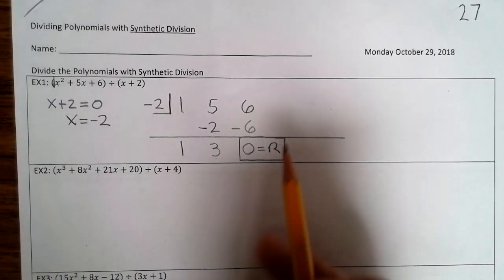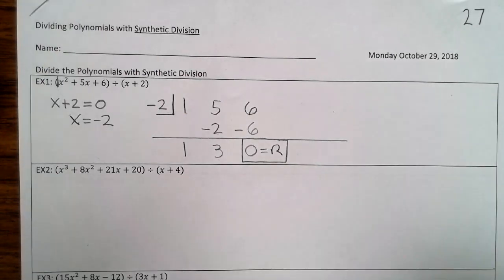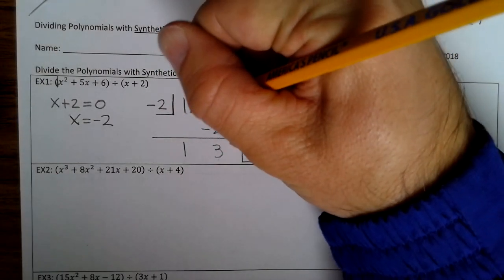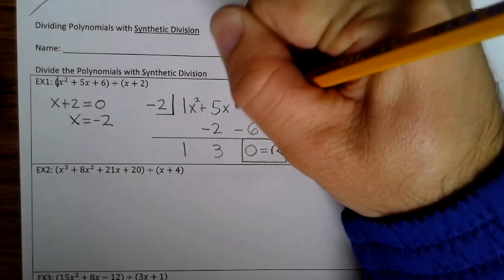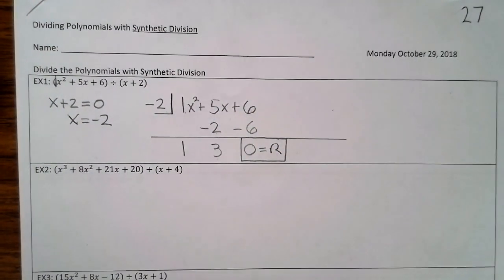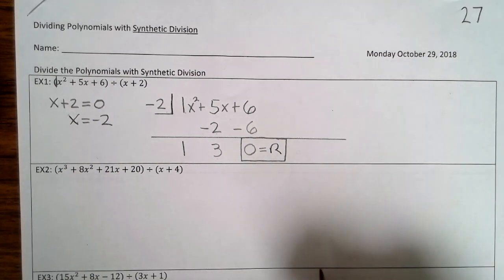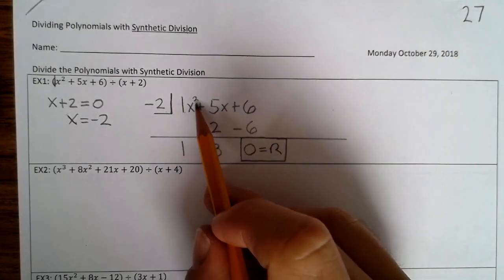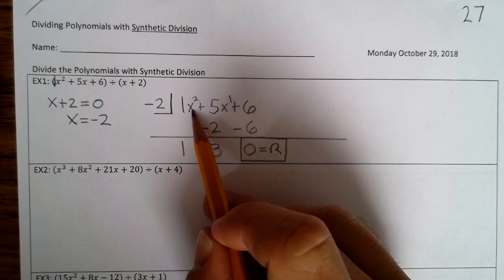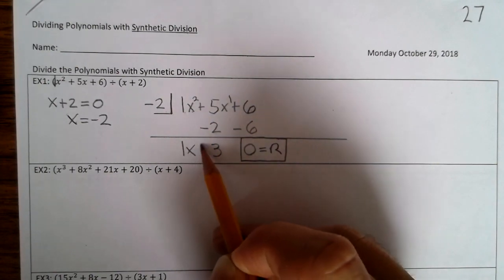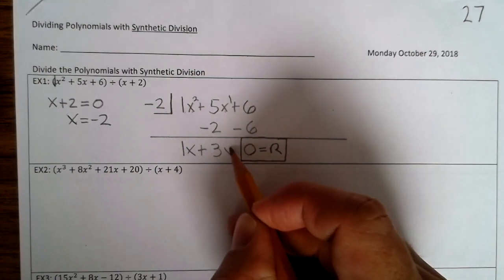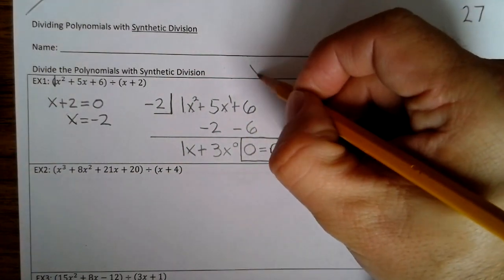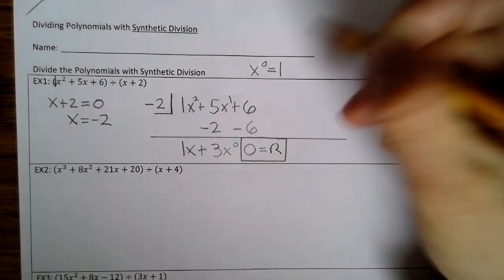Now, when you divide with synthetic division, this was 1x squared plus 5x plus 6. Okay? Now, when you divide, the powers of the exponents decrease. So here, 1x squared becomes 1x plus, if you do 1 minus 1 is 0, so that's technically x to the 0 power. But x to the 0 power equals 1, so we don't write x to the 0 power.